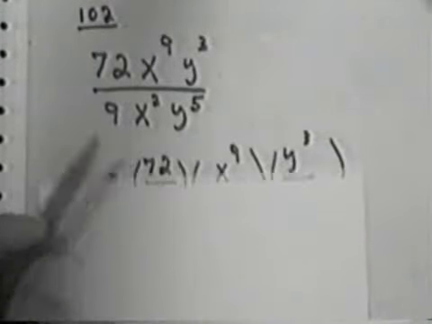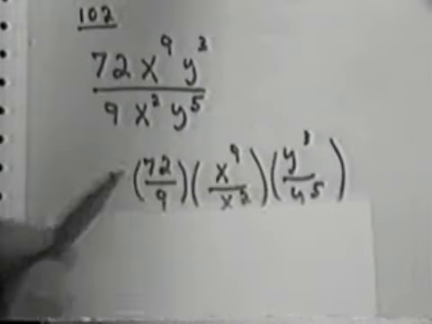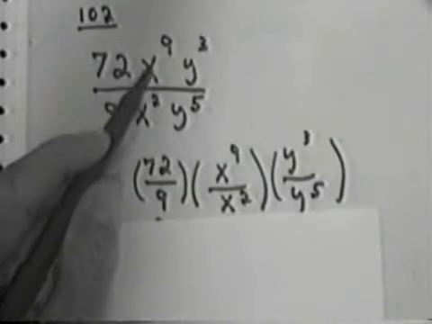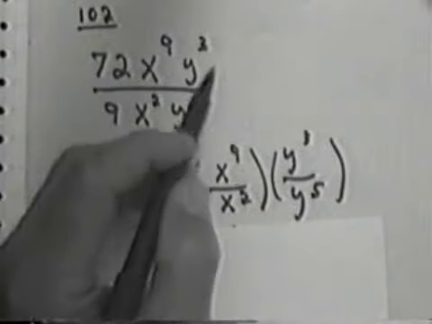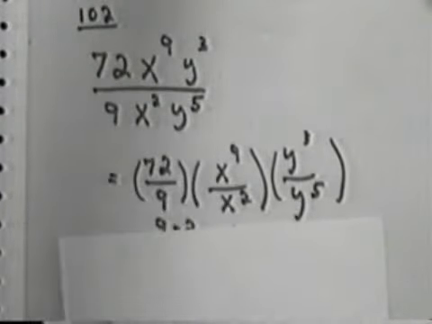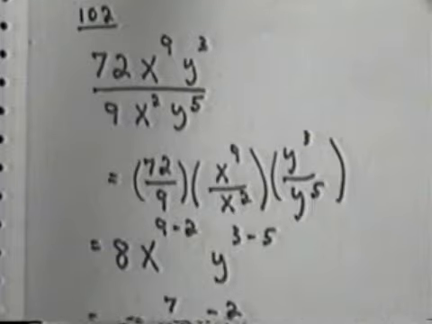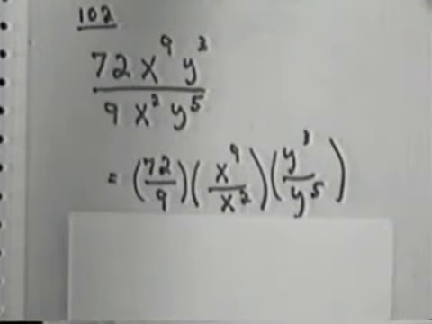I can regroup so that I have my 72 divided by 9. I have my x to the 9th divided by x squared because they have the same base, and my y cubed divided by y to the 5th because the y's have the same base.